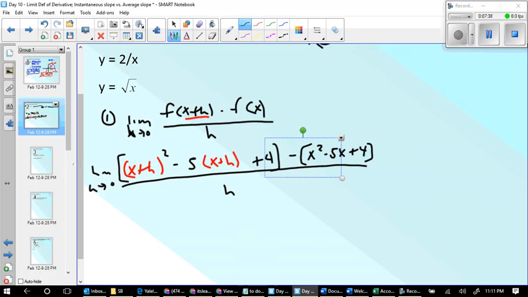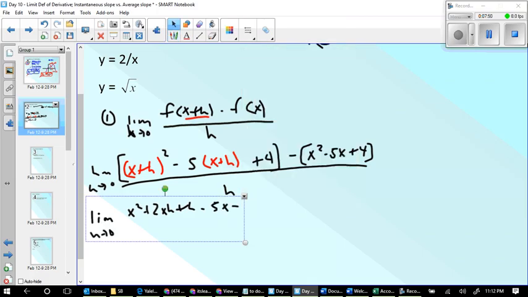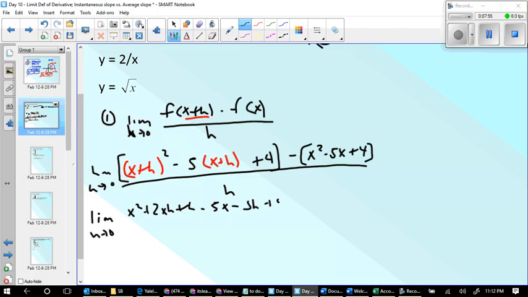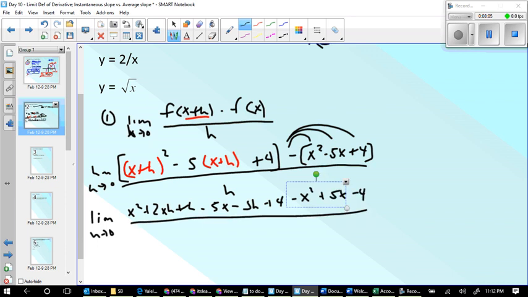So I have my limit as h is approaching 0 of, let's see, this FOILed out, don't forget to FOIL, x squared plus 2xh plus h squared minus 5x minus 5h plus 4. And this is going to distribute. This is why it was important to put those brackets around my function so that you don't forget that distributing is necessary, all over h.